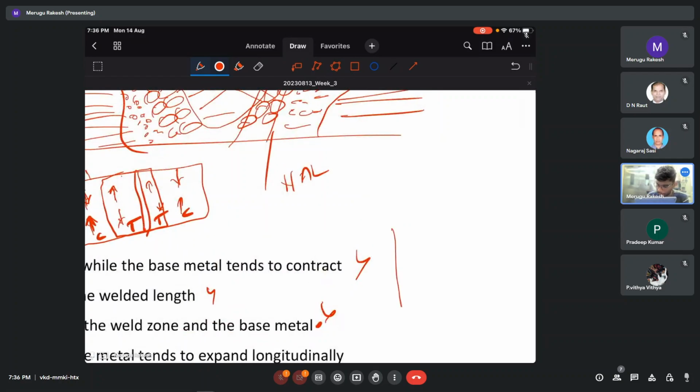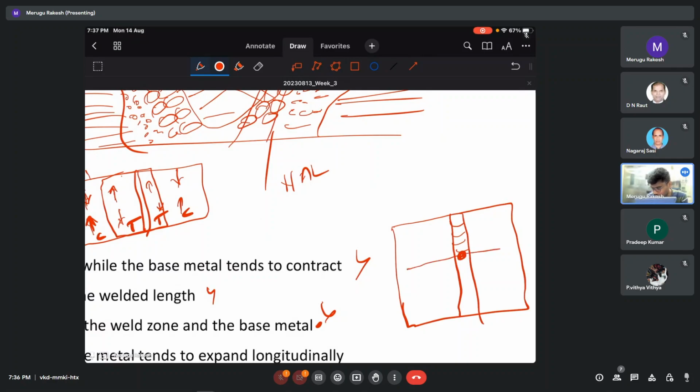So assume there is solidification happening. We have the weld pool here. If you draw a straight line and take point 1, point 2, point 3 here, and then in this also, say 4, 5.